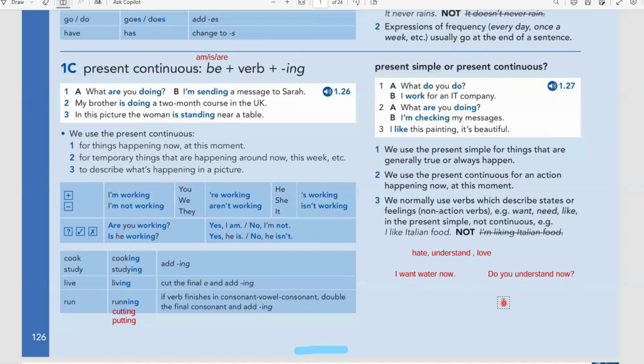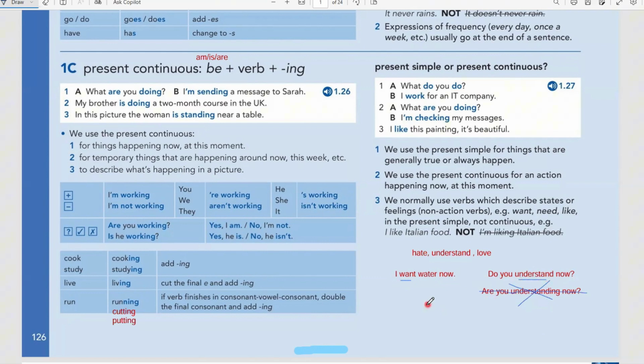I'm not saying, are you understanding now? Are you understanding now is wrong. So we can just do the cross. We can't use present continuous with understand. So do you understand now? I want water now. They are present simple because of these verbs, understand and want. They are non-action verbs, guys.